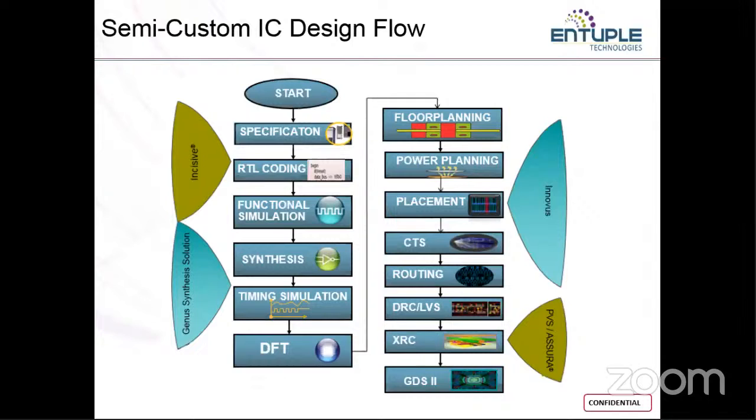Then we had a brief idea of the semi-custom design flow, where we started with RTL design using one of the HDL languages like Verilog or VHDL. Once the design is complete, we go for compilation, elaboration, and simulation.